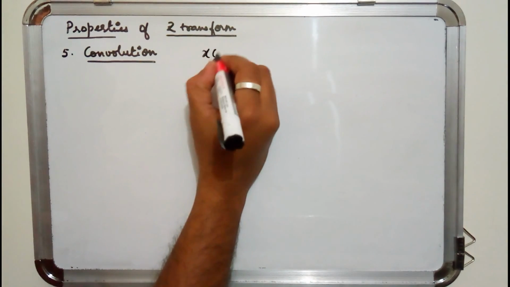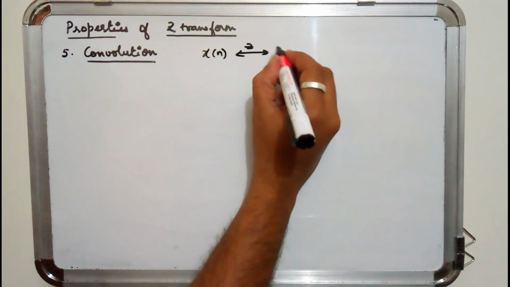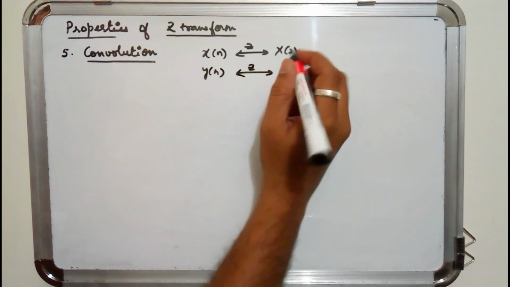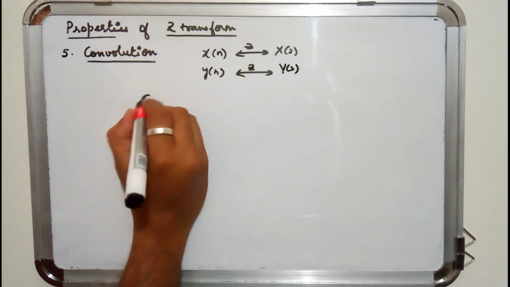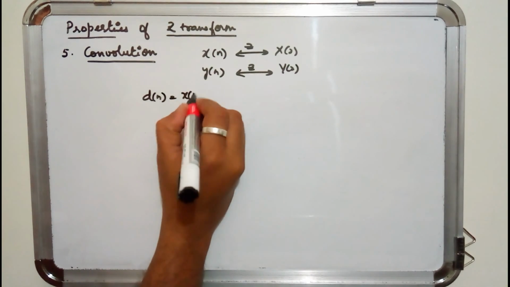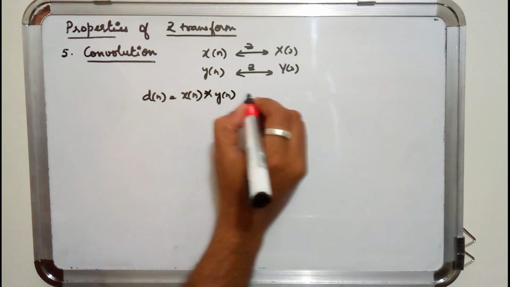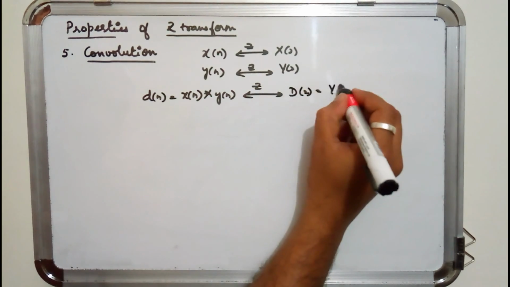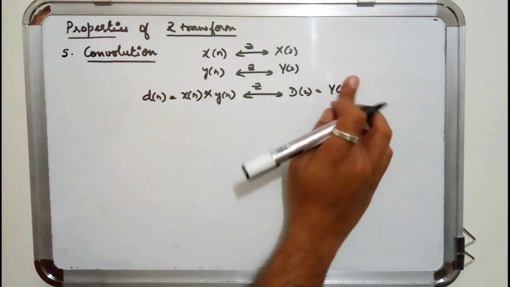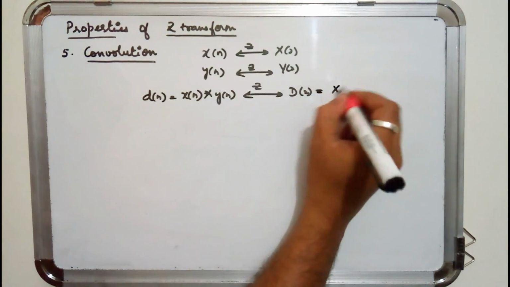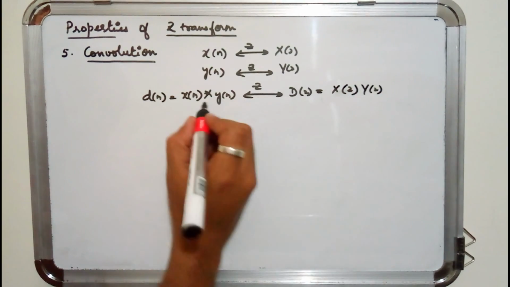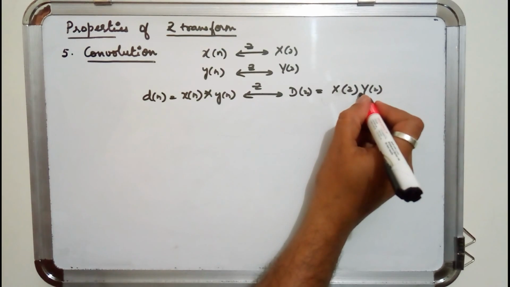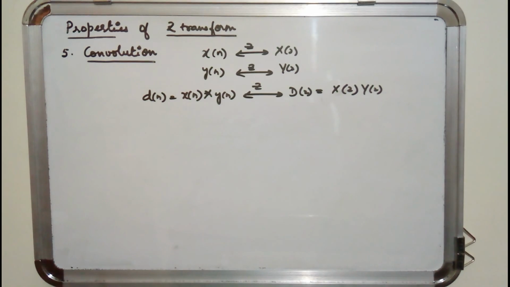So convolution: if x of n forms a z transform pair with x of z, y of n forms a z transform pair with y of z, then d of n is equal to x of n convolution y of n, which forms a z transform pair with d of z, equal to x of z into y of z. Remember, this is convolution operation in time domain, which gets converted into multiplication operation in z domain. So I need to prove this.